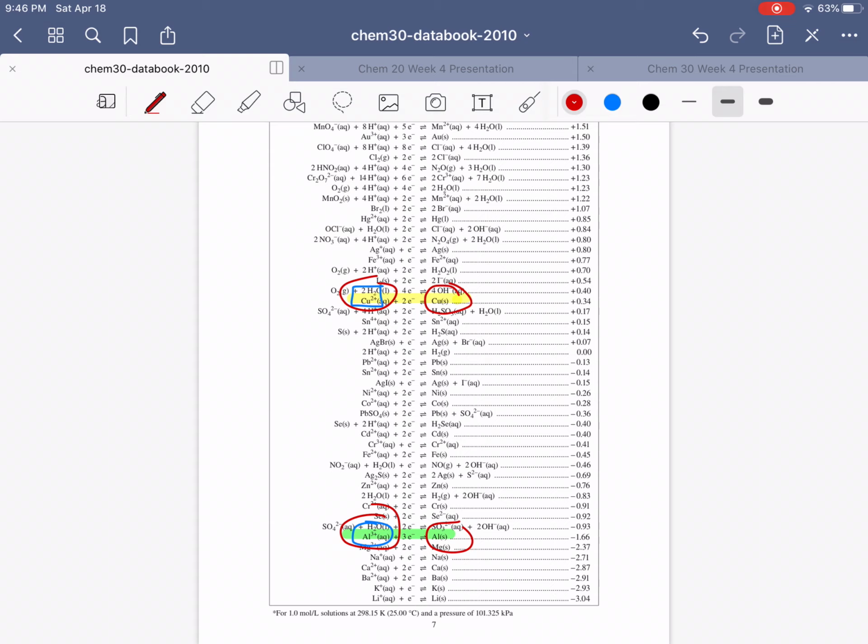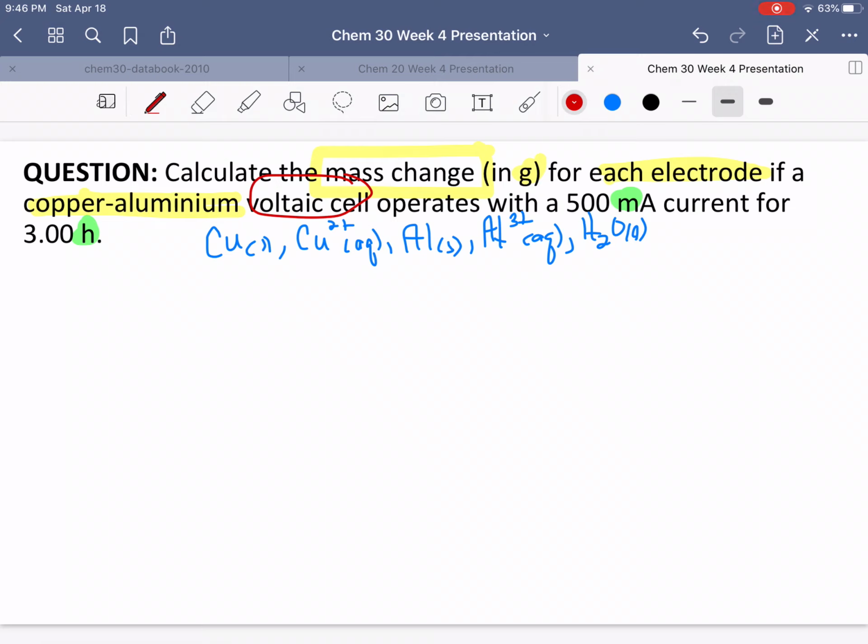Well, naturally, the copper 2 plus, since it's there, is the SOA, and naturally the aluminum solid is the SRA. How do I know? Because it says in the question, this is a voltaic cell, which means we have a spontaneous reaction. Okay, so note them: copper 2 plus is the SOA versus aluminum solid is my SRA.